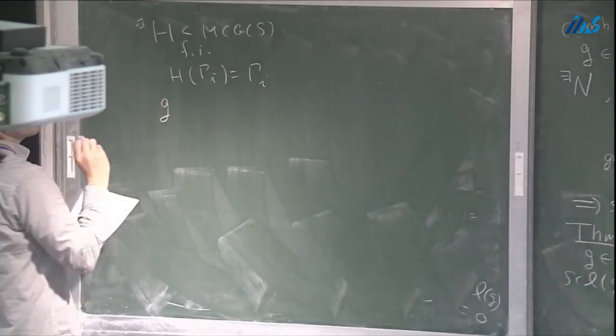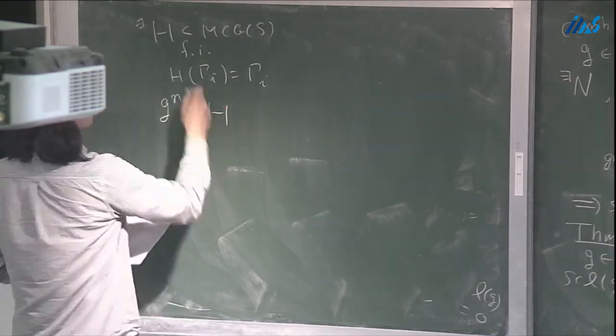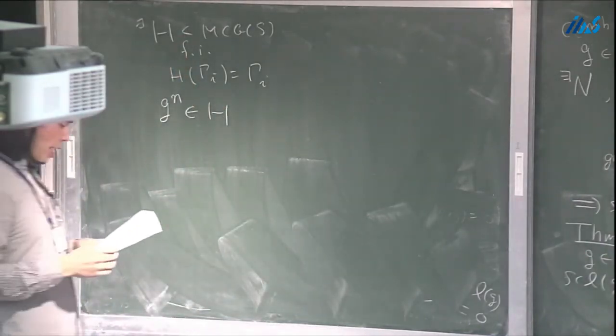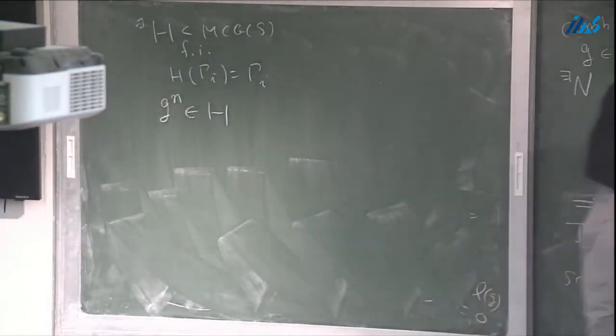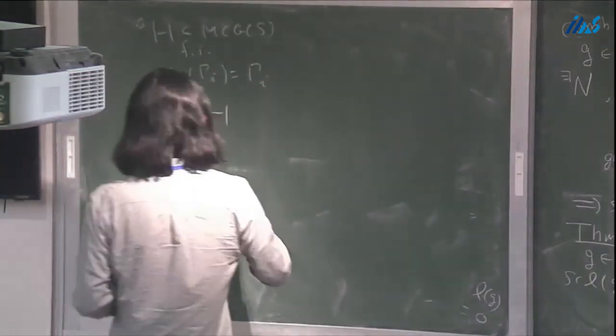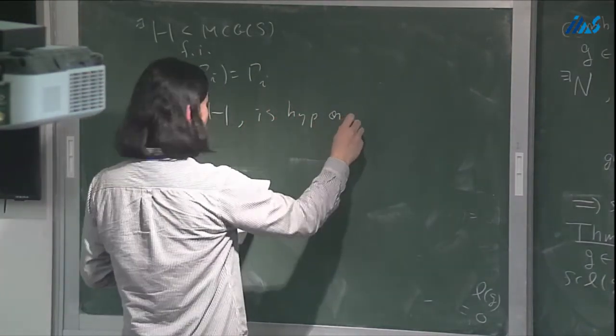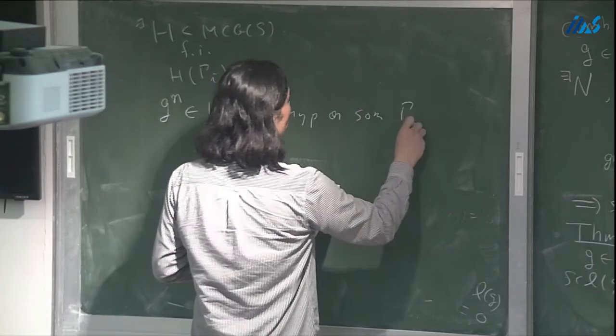Now you have a given element G. If you take some power, it's going to be in H because it's finite index. And it is hyperbolic, as I said, since it's of infinite order on X, but it preserves each factor, so it must be hyperbolic on one of them, on some gamma i.